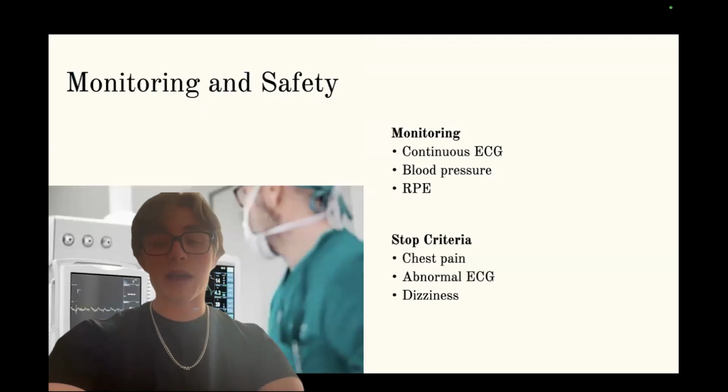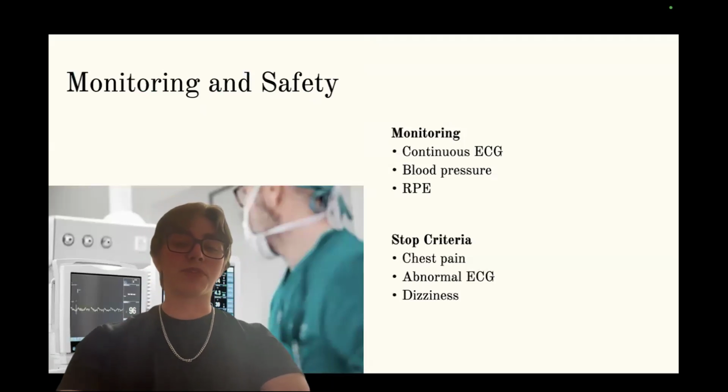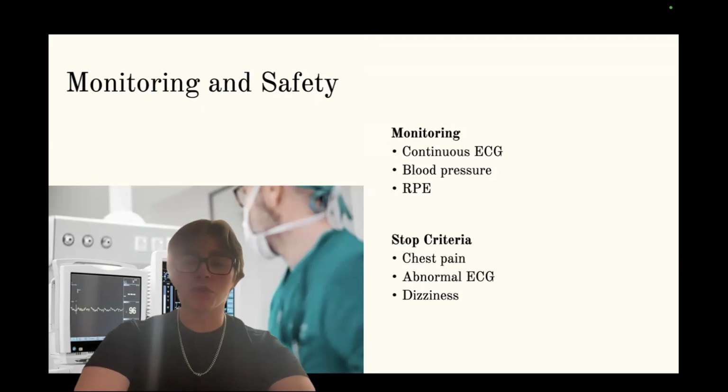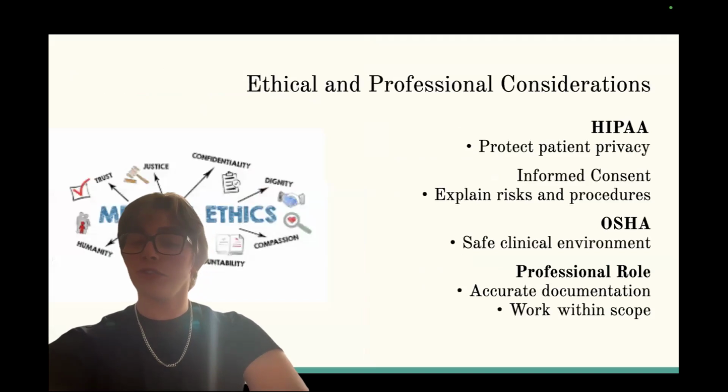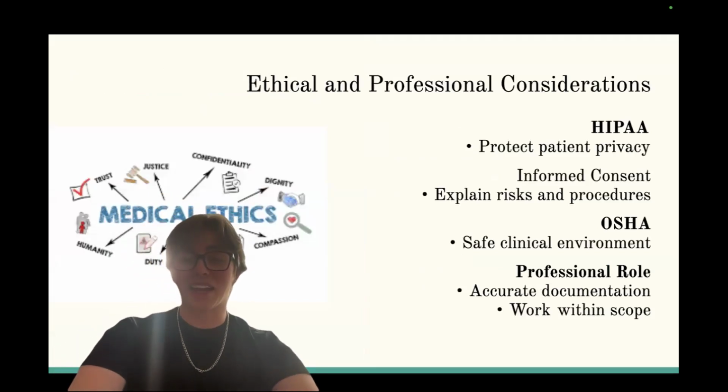If any of these things happen, the test should be stopped right away. This is really where the CEP plays a critical role. It's not just about running the test, but also constantly evaluating how the patient is responding and making decisions in real time.